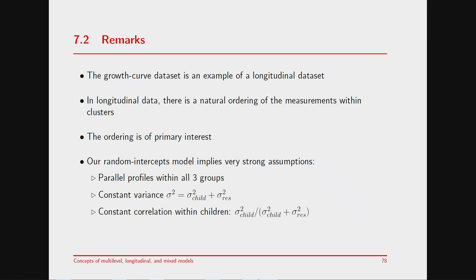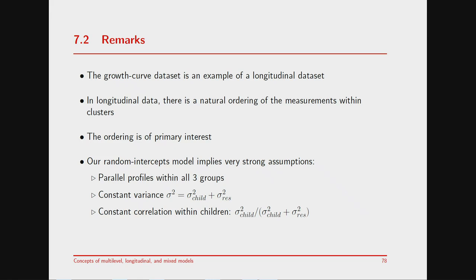It means that this model assumes that the correlation between the height at age 6 and the height at age 7 is the same as the correlation between the height at age 7 and the height at age 8. And also the same as the correlation between the height at age 8 and the height at age 9, and also the same as the correlation between the height at age 9 and the height at age 10.